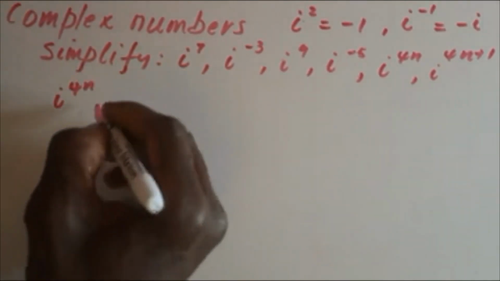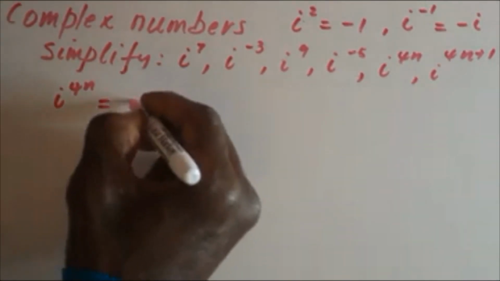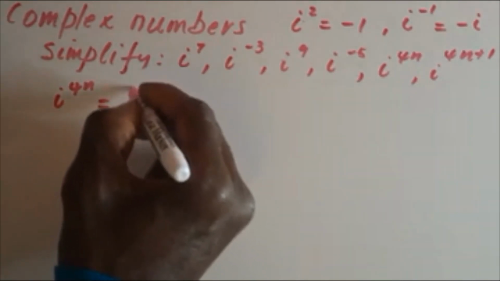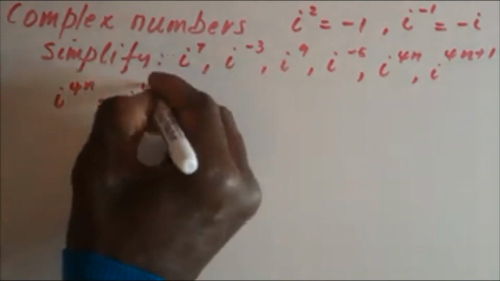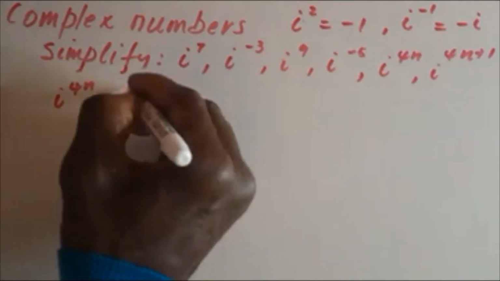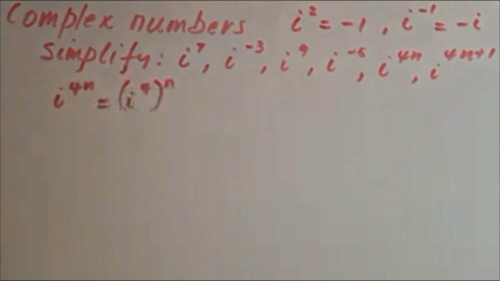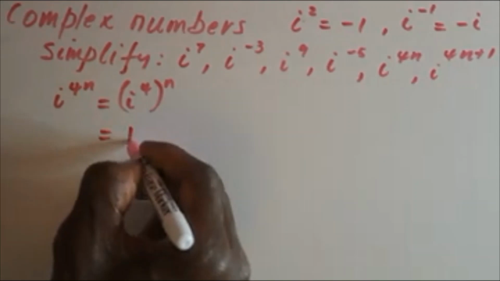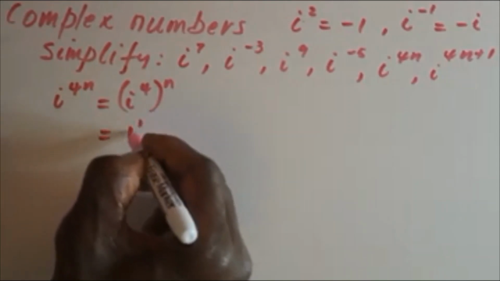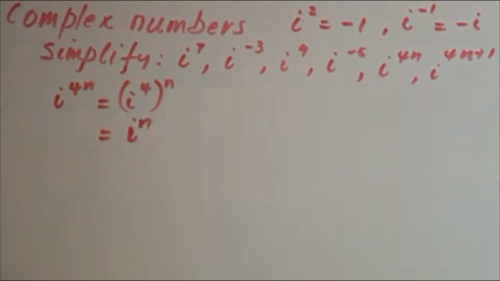I to the 4n we can write as I raised to the 4th power, and that's raised to n. I to the 4th power is 1, so 1 raised to the power of n, n being a natural number.